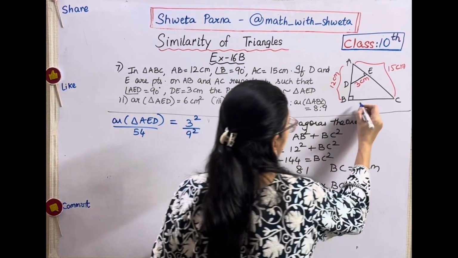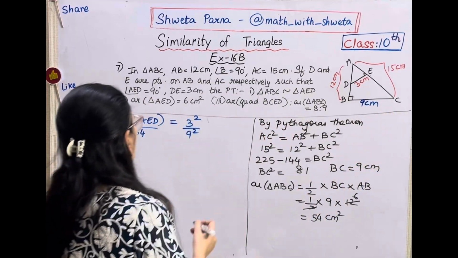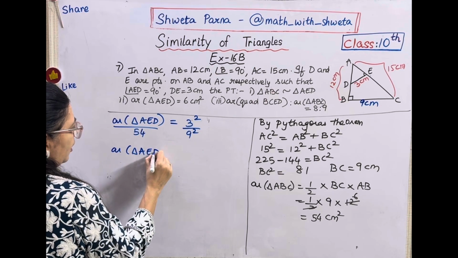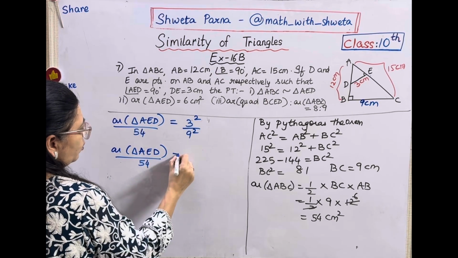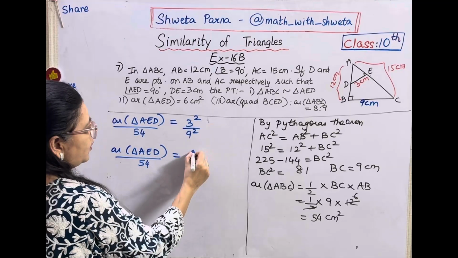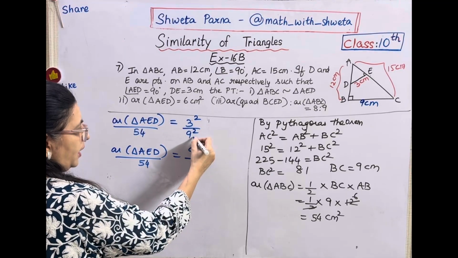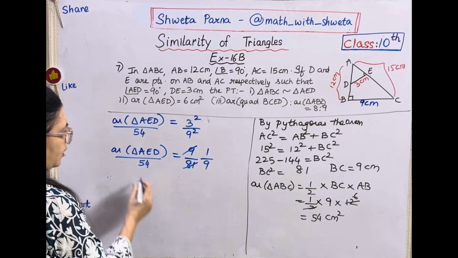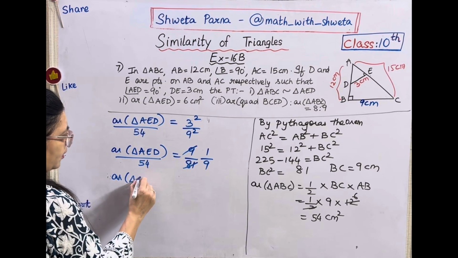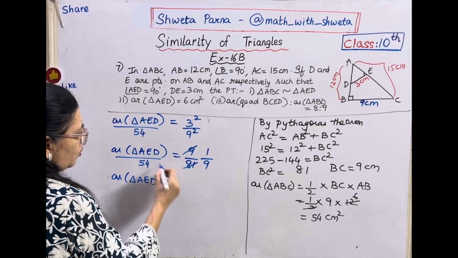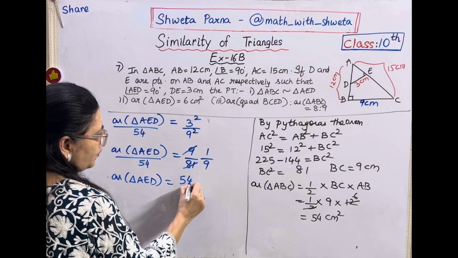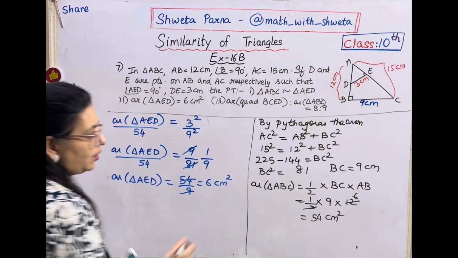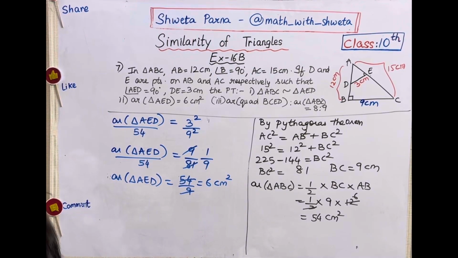So area of triangle AED upon 54 is equal to 3 square is 3 into 3 which is 9, 9 square is 9 into 9 which is 81. You can cut this. This is 1 upon 9. So area of triangle AED will be equal to 54 into 1 which is 54 divided by 9 which is 6 centimeter square. This is what you have proved, the second subpart.